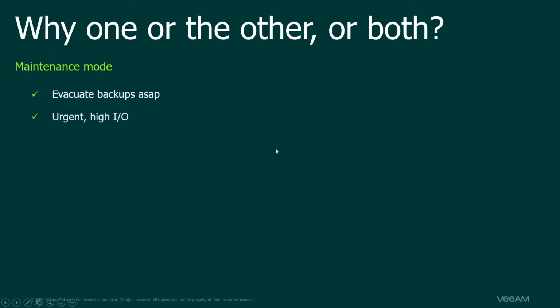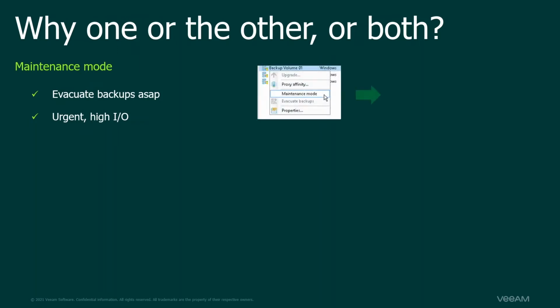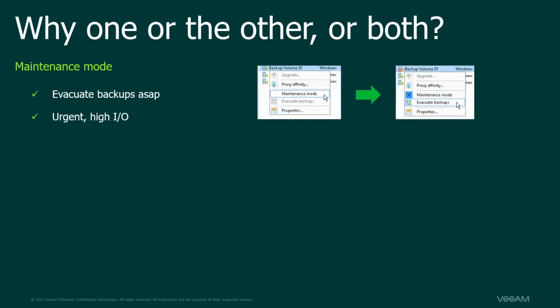So why use the one and why use the other, or why do you want to use both maintenance and sealed mode? With maintenance mode you can evacuate backups as soon as possible, so we move the backups between those extents, but it will produce some high I/O depending on the storage system that runs beneath the backup repository.